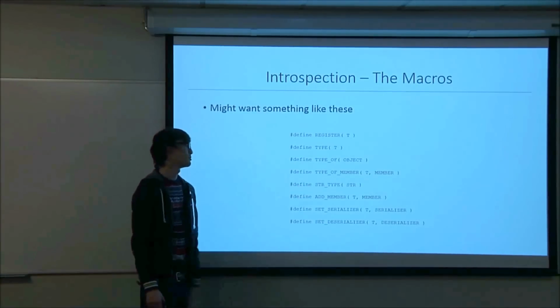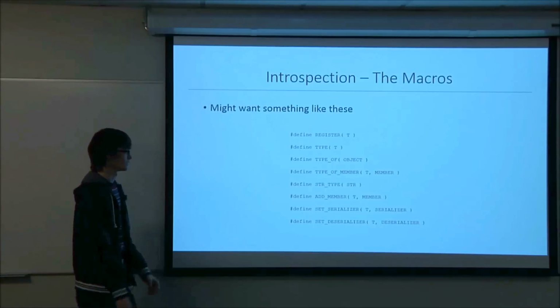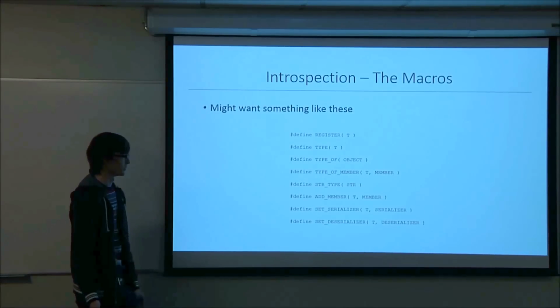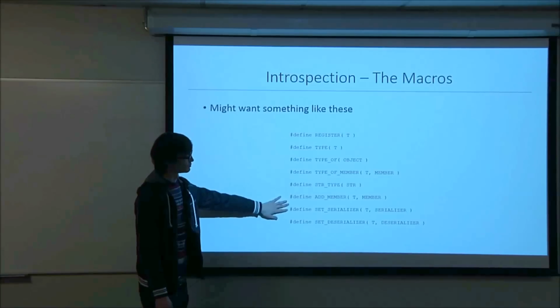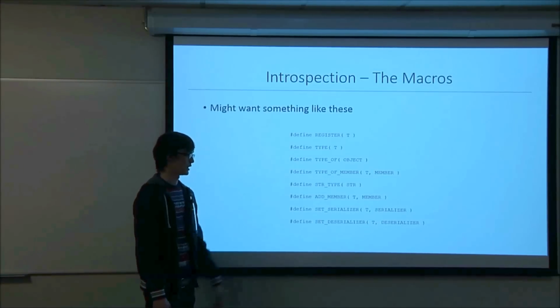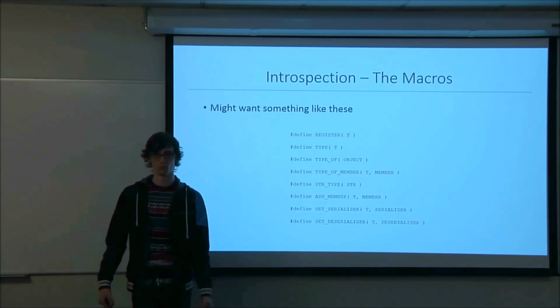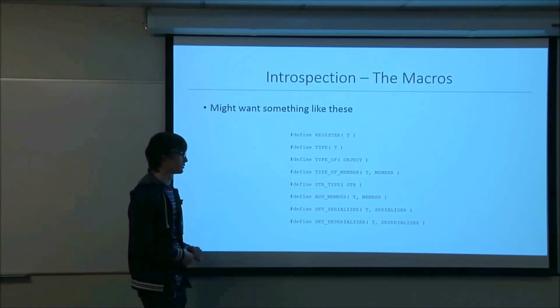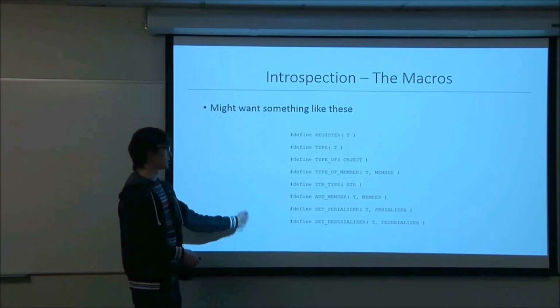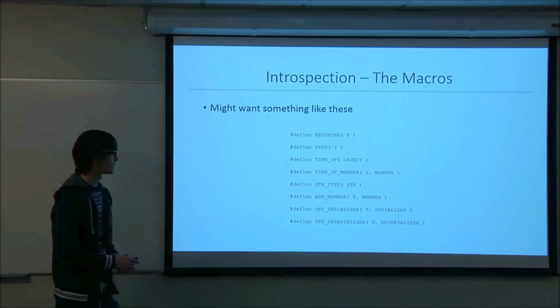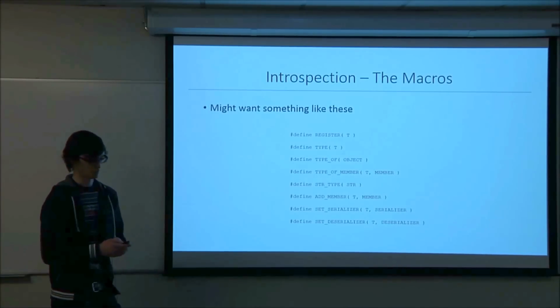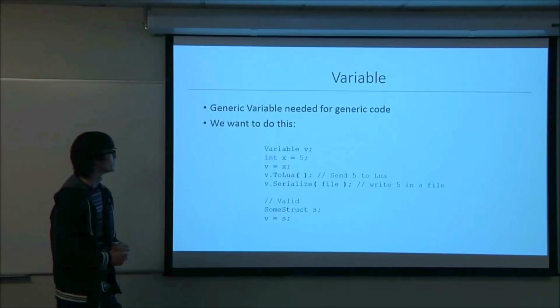You can get the type of a member using a little bit of template metaprogramming or whatever have you. And then, of course, you can set information about how to serialize a type or read it in from a file or anything really. The sky's the limit here. This is just the API you use to deal with introspection.